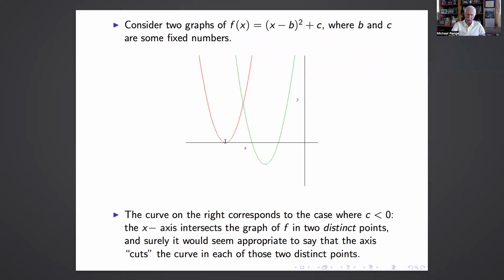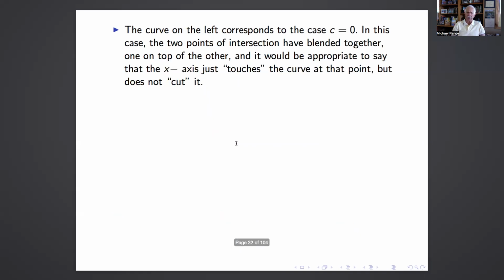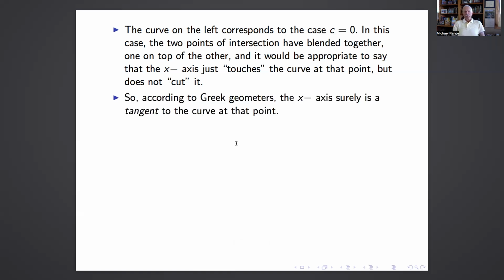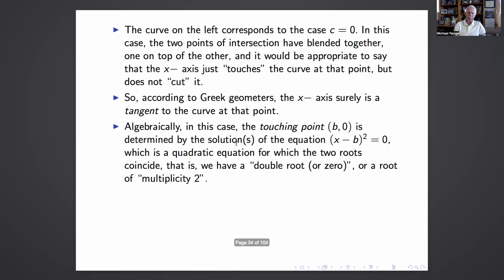We just see 1 point. And certainly it would seem appropriate to say that the x-axis touches the graph of the curve at that point, but certainly does not cut it. So according to Greek geometers, the x-axis surely is a tangent to the curve at that point.